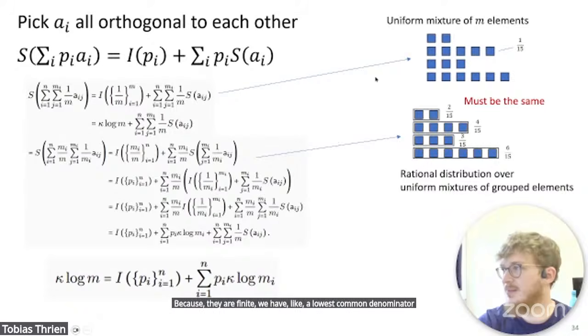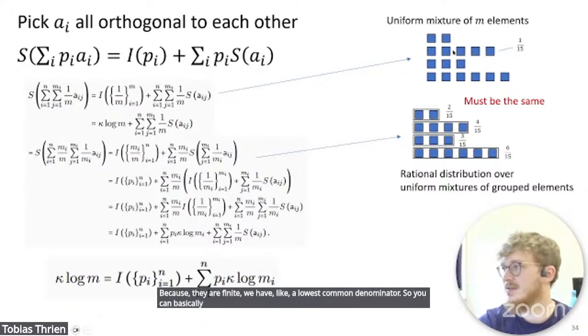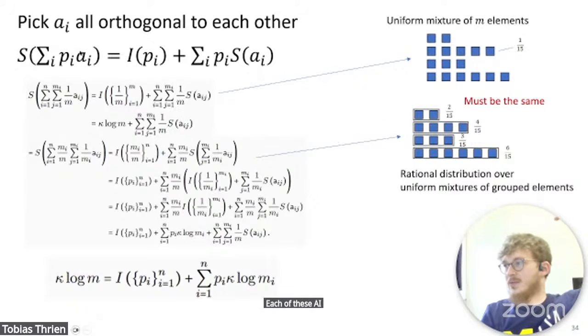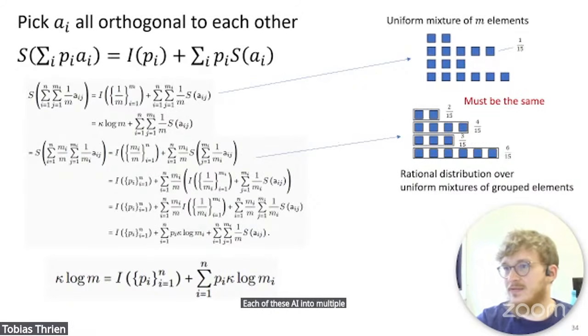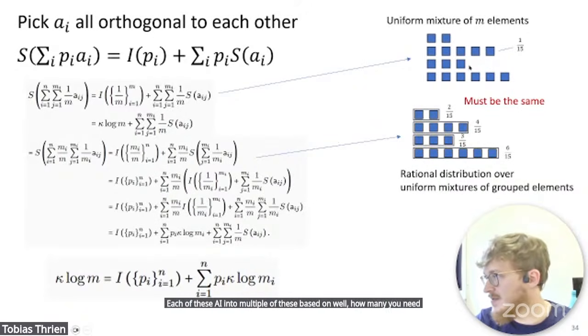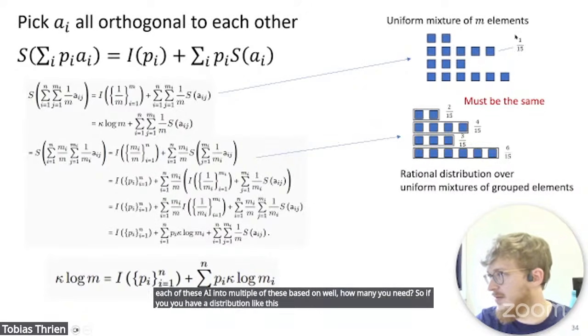So you can basically split each of these A_i into multiple of these based on how many you need. So if you have a distribution like this, you find the lowest common denominator 1 over 15, and then all of these are just multiples of that.